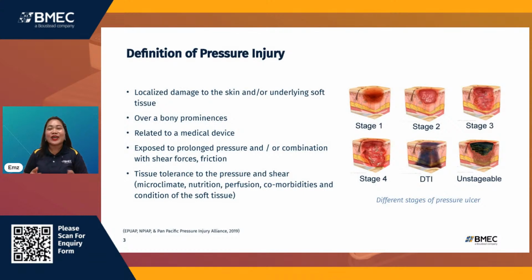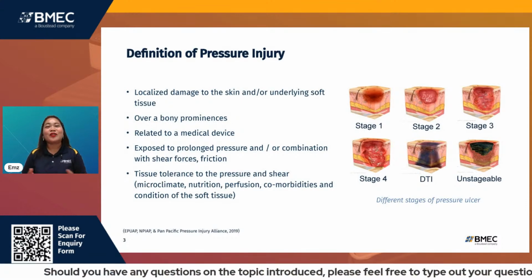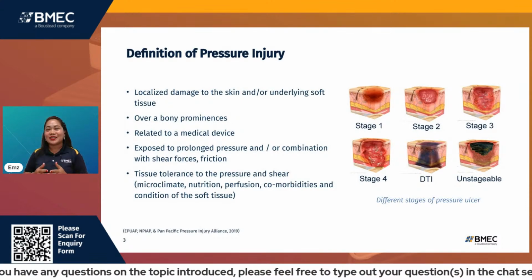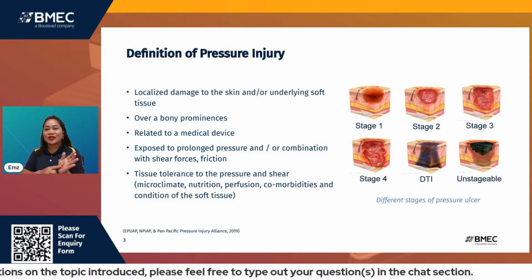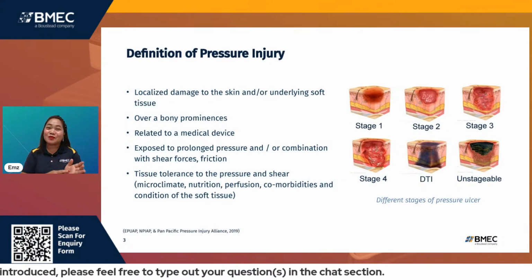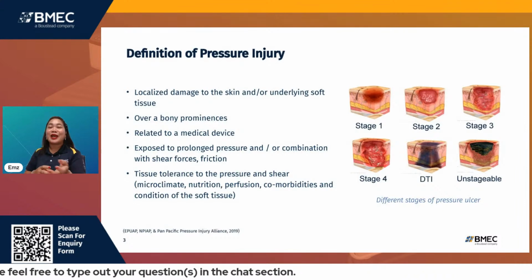As you can see, there are 6 types of pressure injury. Stage 1, Stage 2, Stage 3, 4, DTI, or unstageable. Stage 1 is what we call redness. Redness, when you touch, we say it like the blanchable and non-blanchable.